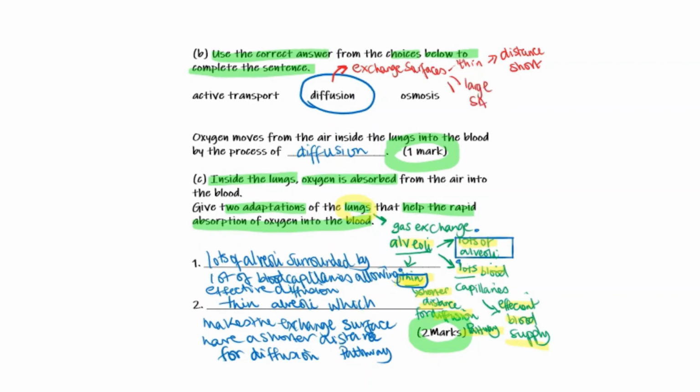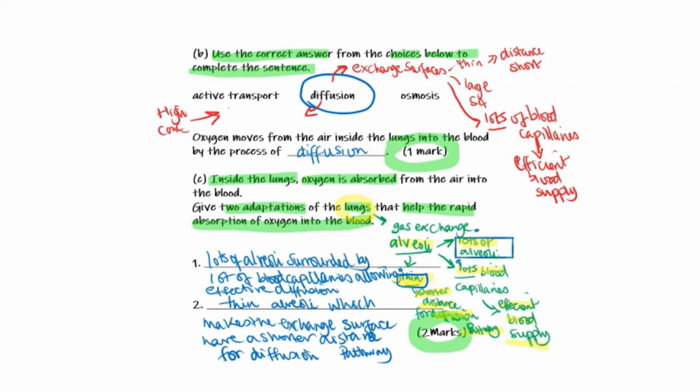Also think of lots of blood capillaries and the efficient blood supply. Also for diffusion, we should think of substances moving from a high concentration to a low concentration. Diffusion is a simple process and involves no energy.